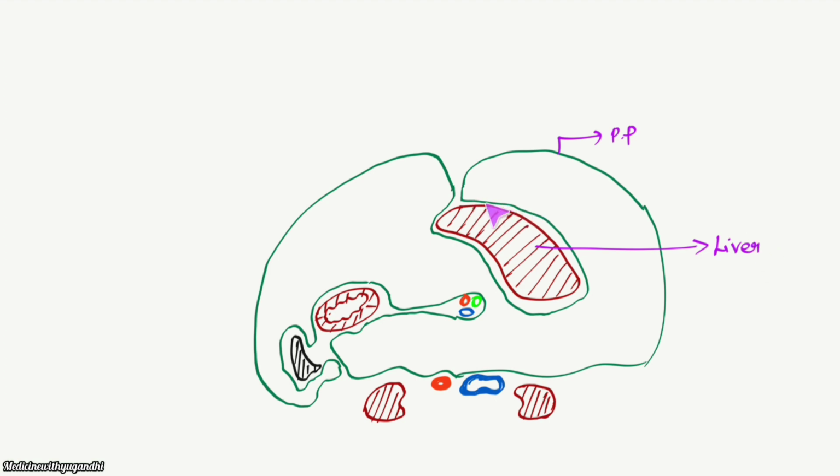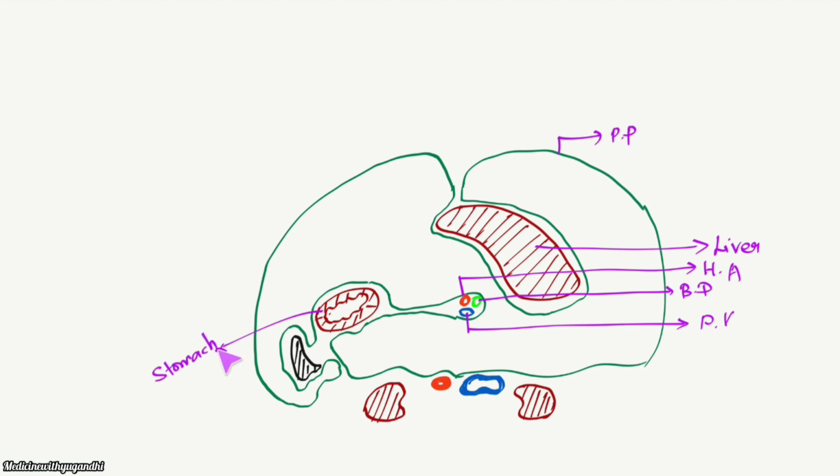This is the visceral peritoneum covering the liver, and this is the porta hepatis containing the bile duct, then the portal vein, and here you could see the hepatic artery. And this is the stomach, and this is the spleen.